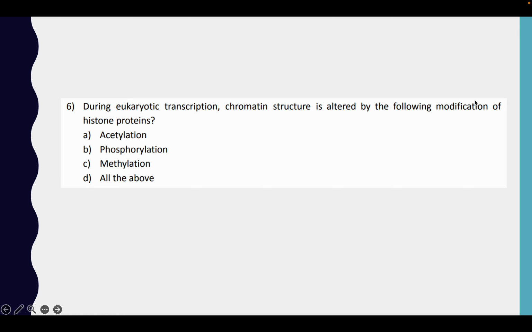Chromatin structure is altered by which of the following modification of histone protein? Is it acetylation, phosphorylation, methylation, or all of the above?